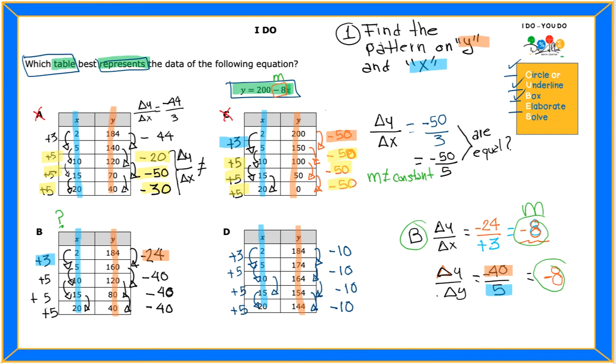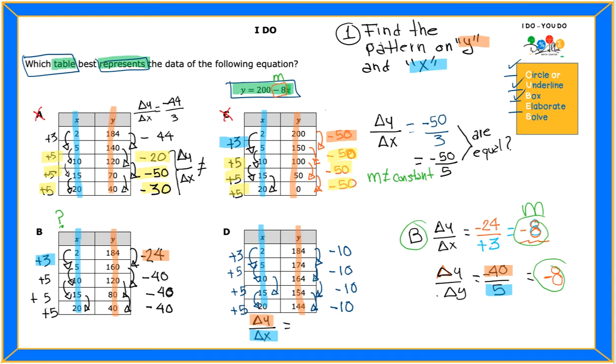Now we're gonna check D. For D, remember I have to check delta y over delta x. The delta y is what I get from the orange side, and the delta x is what I get from the left side on the x-axis.